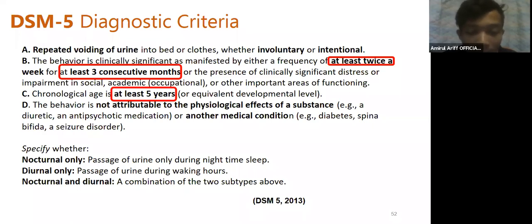And the chronological age is at least 5 years old. And this behavior is not attributable to the physiological effect of a substance or another medical condition. DSM-5 also requires us to specify whether the enuresis is nocturnal only, where it happens during nighttime sleep, or diurnal only, where it happens during waking hours. There can also be a combination of these two subtypes. Next.